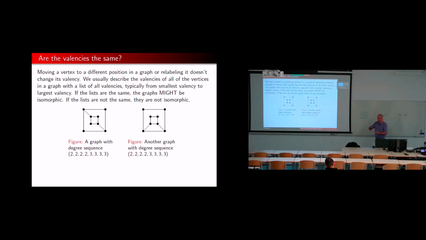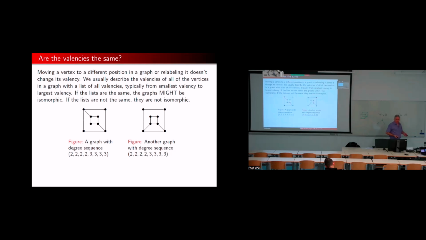You just want to put it into a form that's easy to compare. This graph on the right, it's got valency 2 at four vertices and 3 at the other four. So if you look at this sequence, 4 2s and 4 3s, 4 2s and 4 3s.